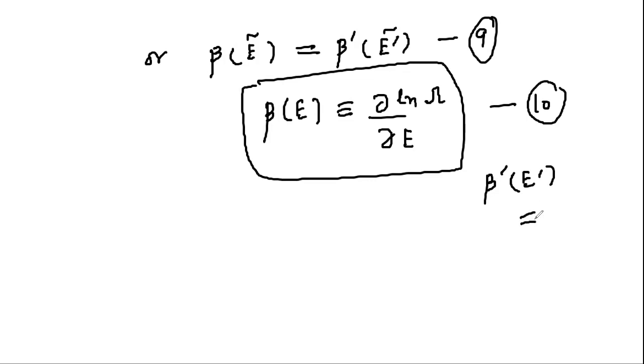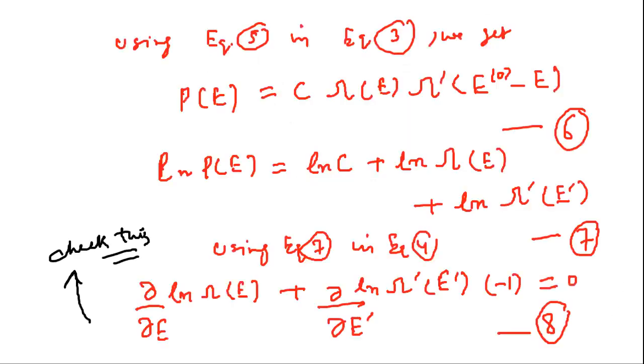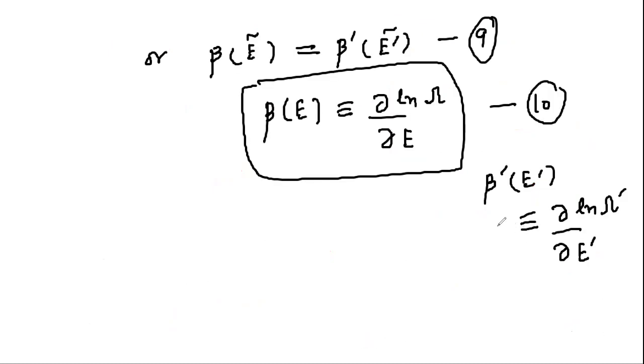That will be ∂/∂E prime of ln of sigma prime. When you take it to the right hand side, it becomes positive. So we have written this way. So this maximization condition we have written in terms of equation 9.